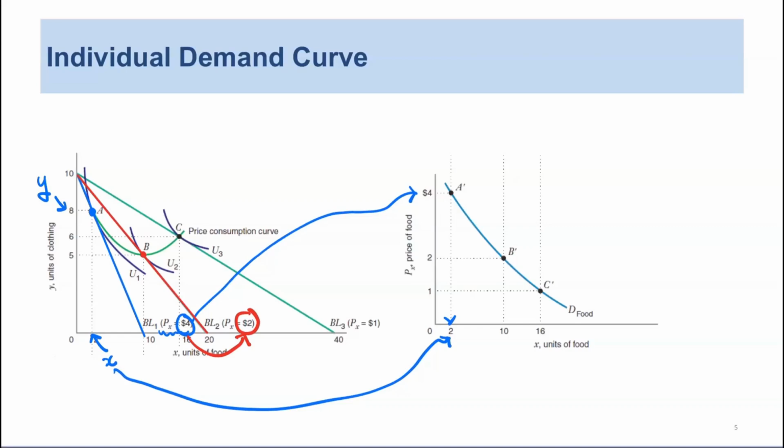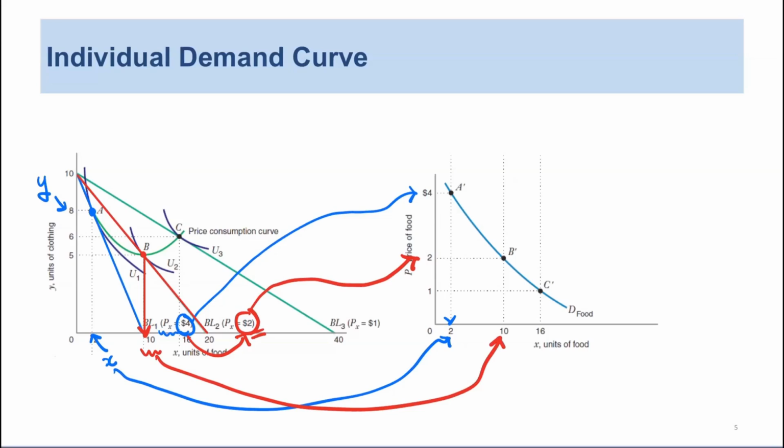So when the price is equal to 2 for good X, the optimal demand for good X is now 10. So the second point can be illustrated in the next figure as 2, which represents the price, and 10, which represents optimal demand.